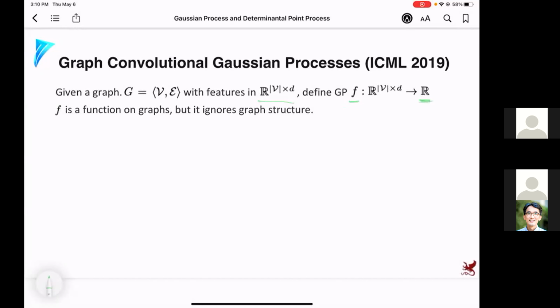You want to output a real number R. If we simply set up f like this, it is actually only using the node features, ignoring the graph structures. So this is the problem this paper is dealing with.